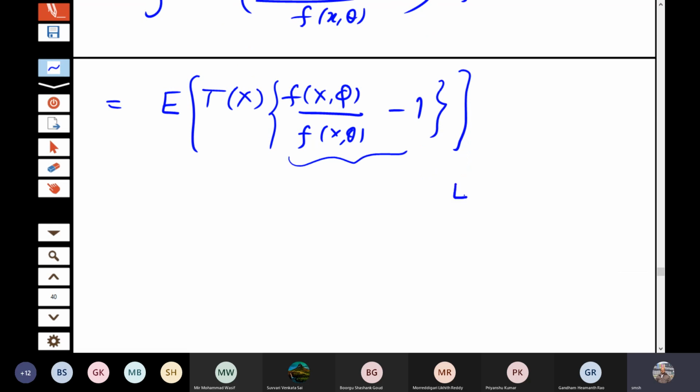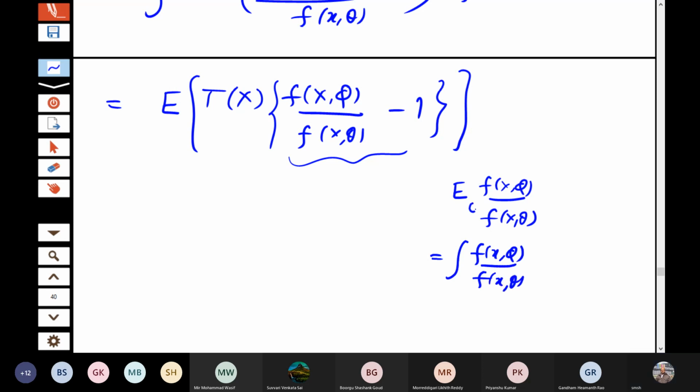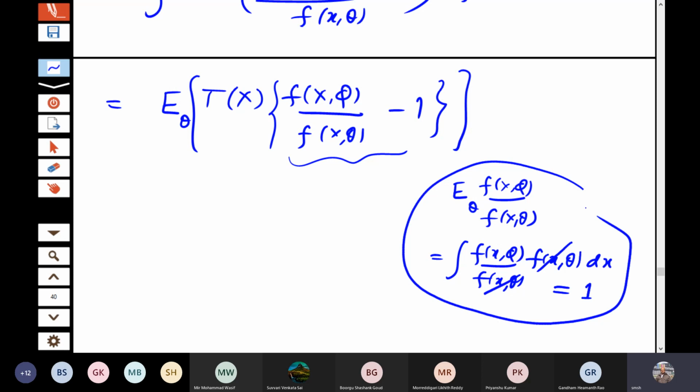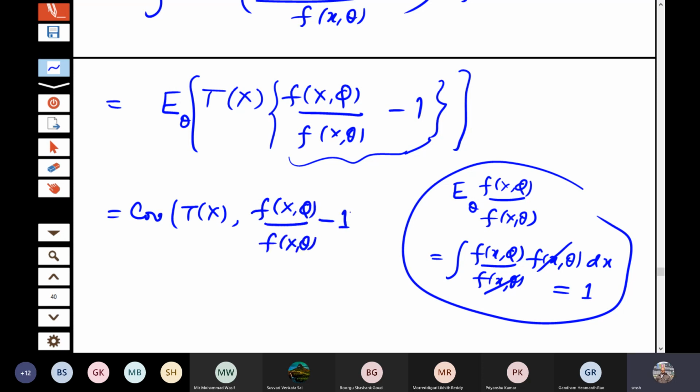Once again, you can see the expectation of f_X(x; phi) by f_X(x; theta) is equal to the integral of f_X(x; phi) by f_X(x; theta), where I put the distribution as theta, times f_X(x; theta) dx. So that cancels out, so this is equal to 1. So the expectation of this term minus 1 is actually 0. Okay. So this I can consider as the covariance between T(X) and f_X(x; phi) by f_X(x; theta) minus 1. And this constant will not matter, because when you take covariance with a constant, that is again 0.